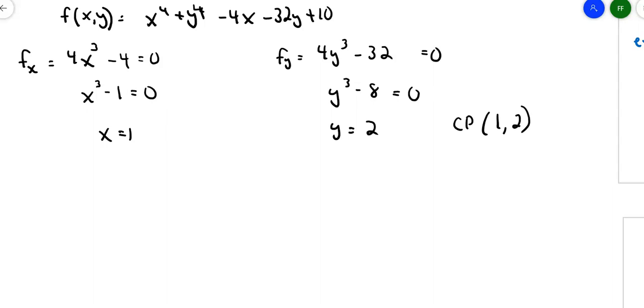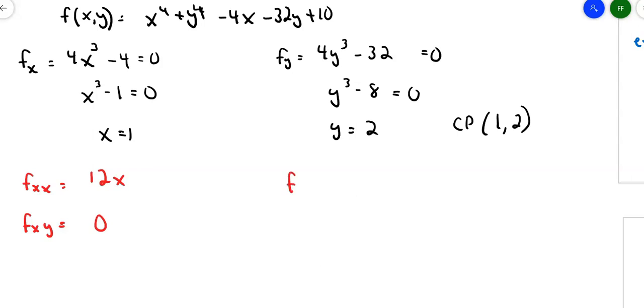Okay, from there, I need the second partials. If I take the derivative with respect to x again, I'll get 12x. If I take that partial that I have up there and derive it with respect to y, it just becomes 0, because if I'm treating x as a constant, clearly 4 is a constant, and those two things both give me 0.